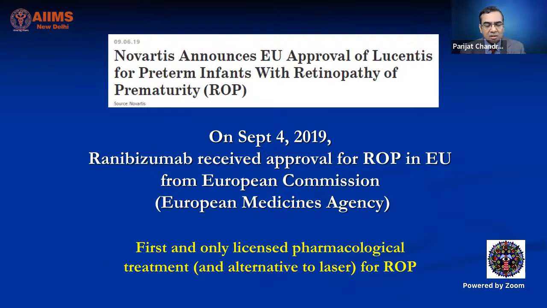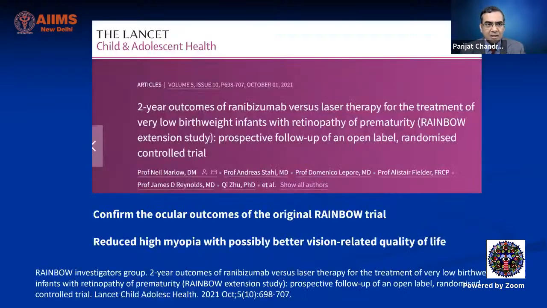Based on this report, the European Union approved ranibizumab as a pharmacological treatment option for ROP, which gave a lot of support to the use of anti-VEGF in ROP, and provided support for regulatory authorities and ophthalmologists for the cause.